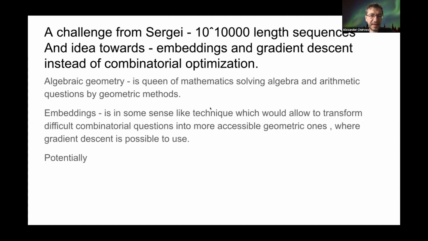So my idea is that maybe we should approach this problem with the help of embeddings. We know algebraic geometry is the queen of mathematics. Yes, it solves algebraic and arithmetic questions by geometric methods, and this has been very successful, from Grothendieck, étale homology, and so on.